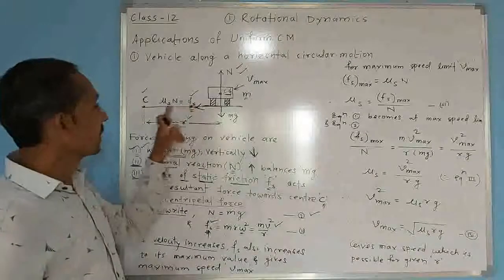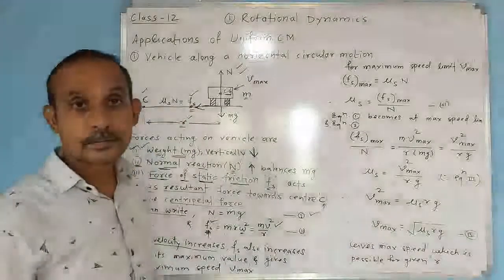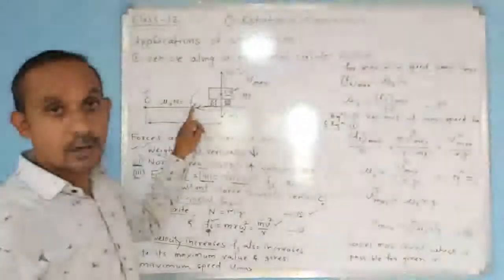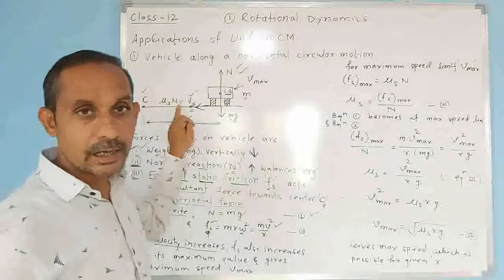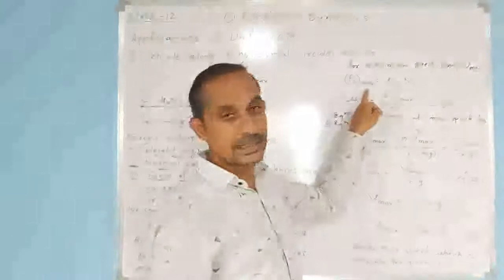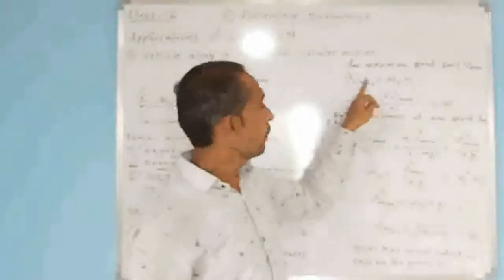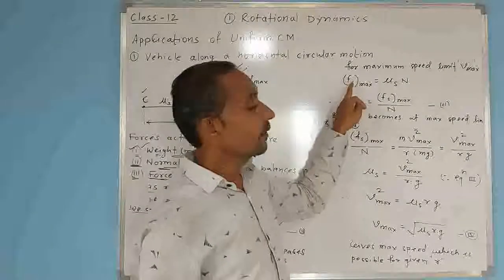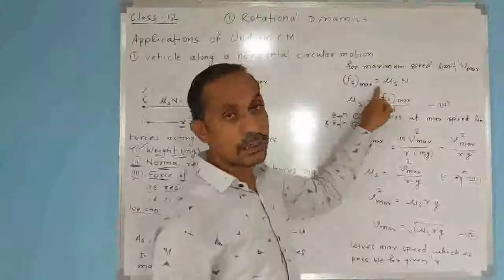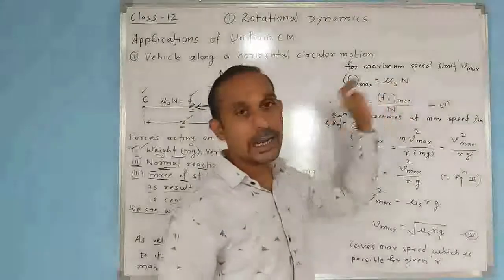So Fs is equal to mu s N. But for the maximum frictional force, it is also calculated as mu s N.